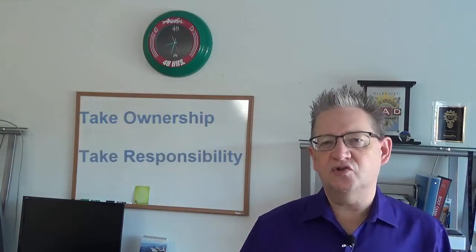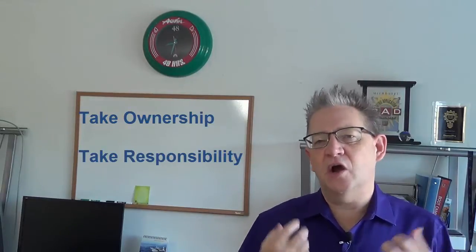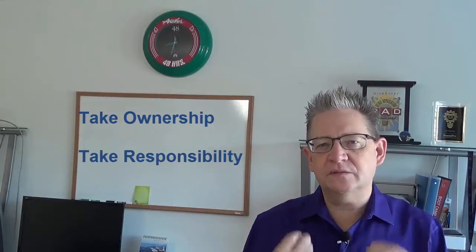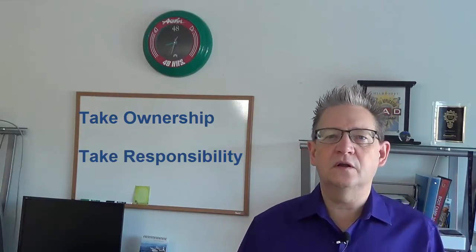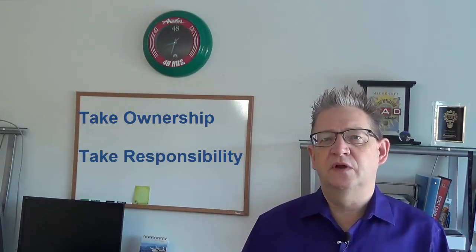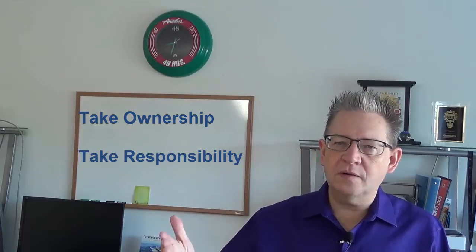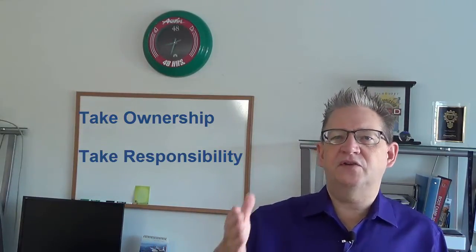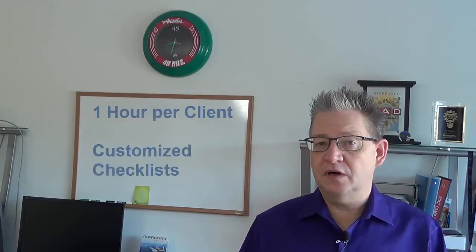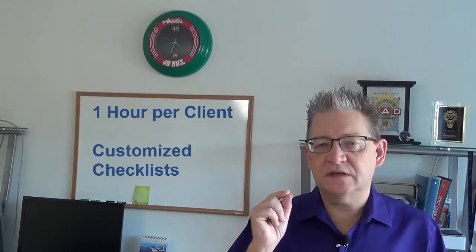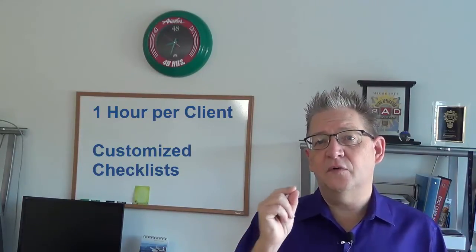In the big picture, the monthly maintenance checklist is literally you taking control of your client's network, taking ownership of that network, being responsible for everything that happens on the server and all the critical components of their system. And so if you're on managed services, this is the way that you verify that you're doing everything that you promised you would do. It probably takes about an hour a month per client, and you should have customized lists for every client.